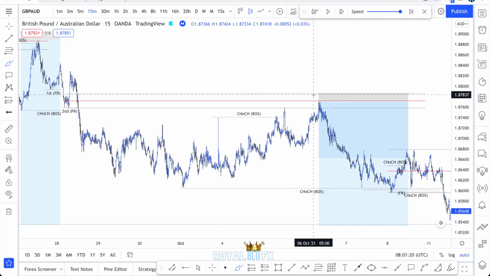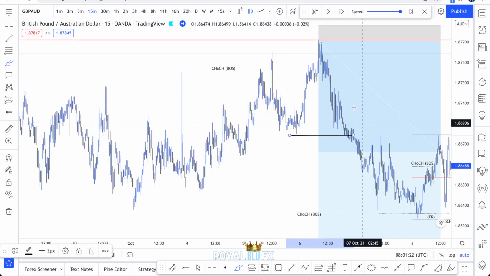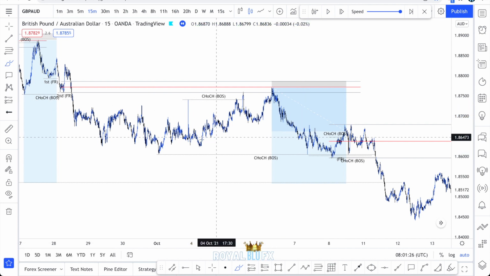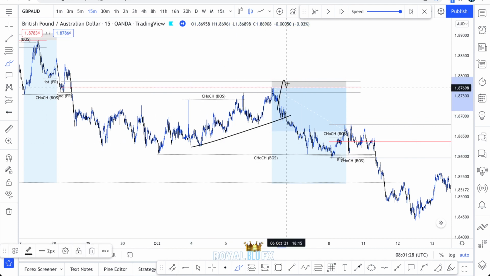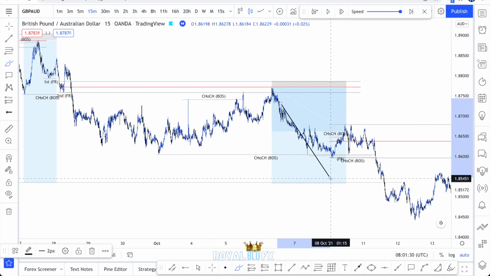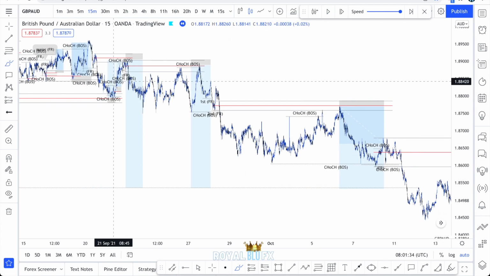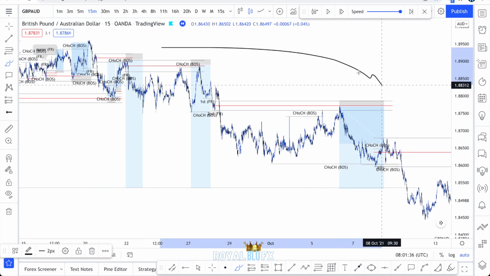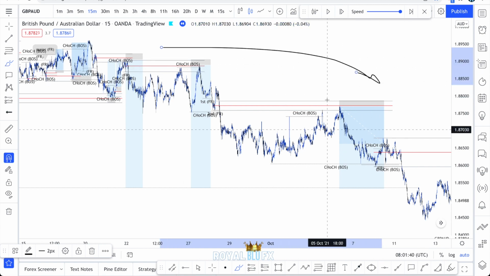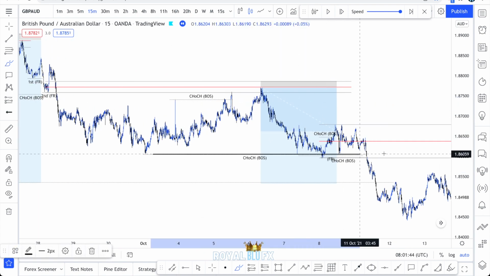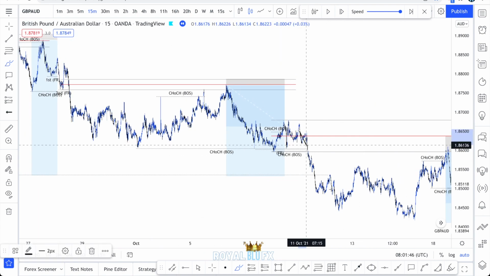Price pushed very aggressively, impulsively down to the downside, breaking all this liquidity. Price was creating liquidity as it was retracing back to the upside, and then just took out all that liquidity very aggressively, only because we're selling in the correct market, in the correct trend. Once price broke this area of structure, it broke impulsively.